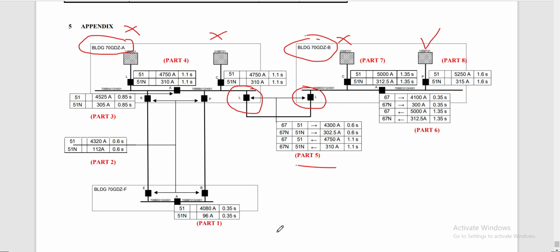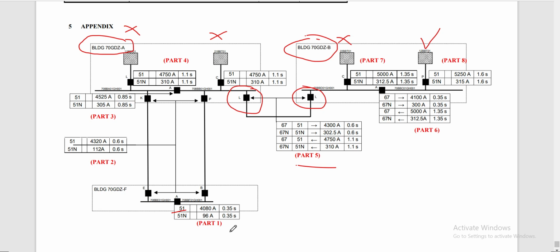So how we assign our time setting here from building F on our bus coupler, the pickup value is 0.35 second. In this calculation, our CTI or coordination time interval is 250 milliseconds or 0.25 seconds.